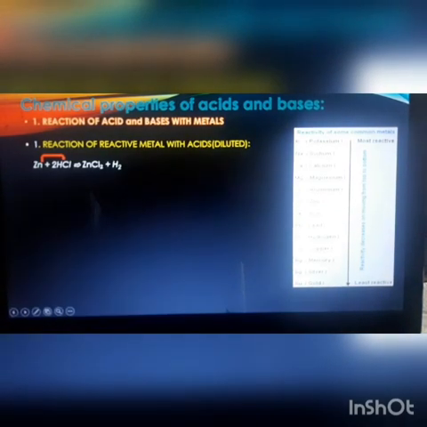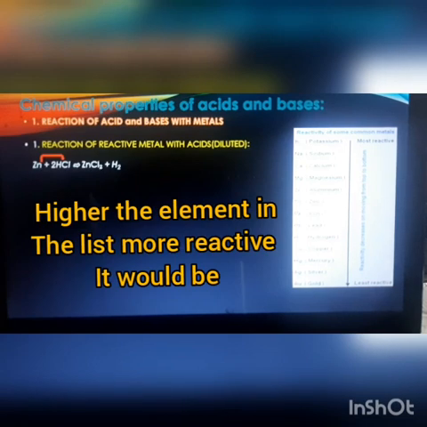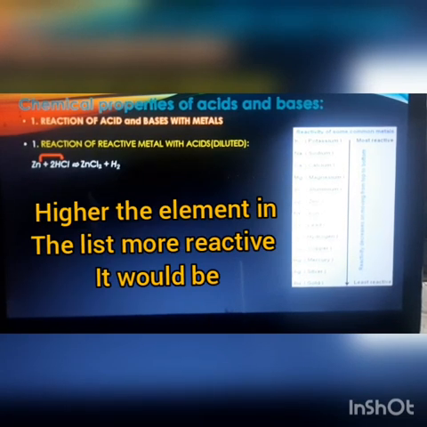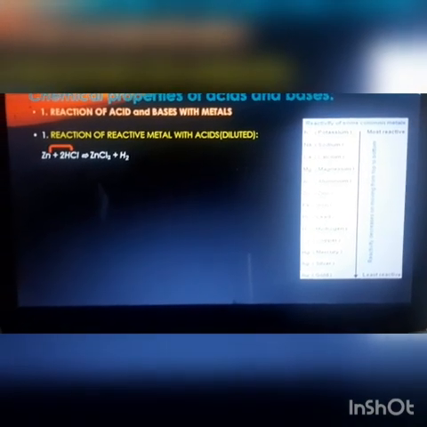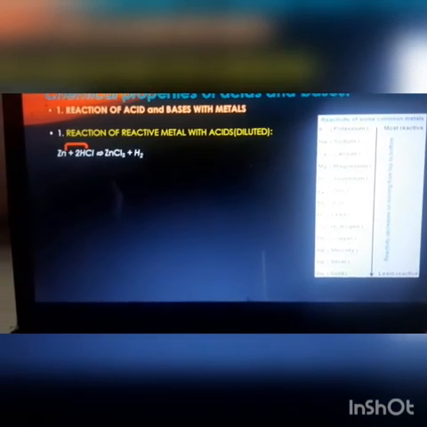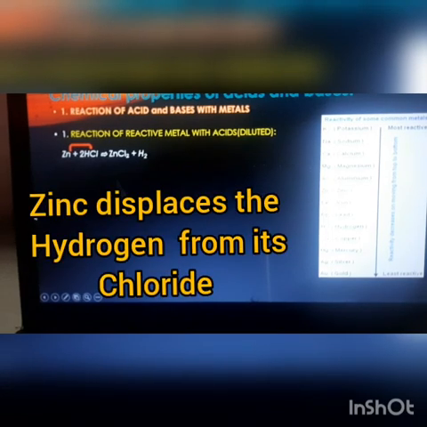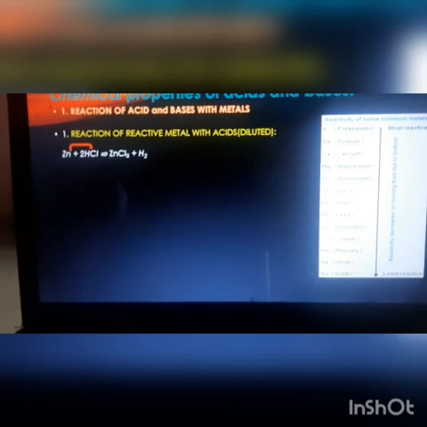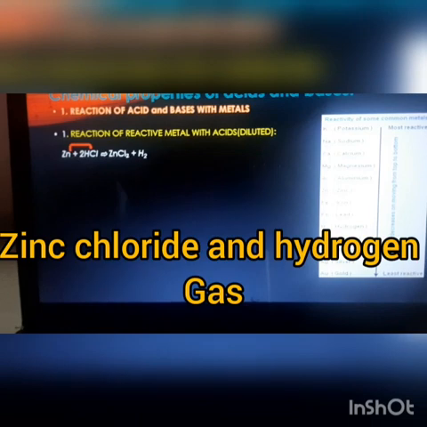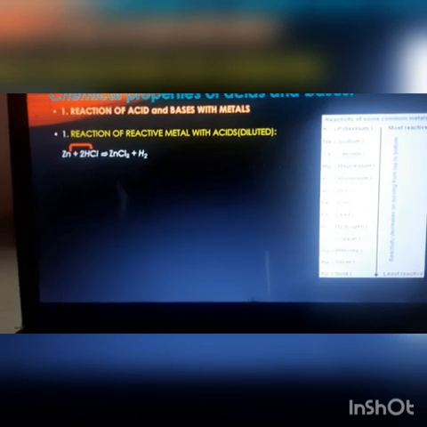Yes, a series where the elements are placed in decreasing order of their reactivity. The higher the element in the list, the more reactive it is. So we can see that zinc comes above hydrogen. So zinc displaces the hydrogen and forms zinc chloride, and hydrogen gas is separated out, or evolved.